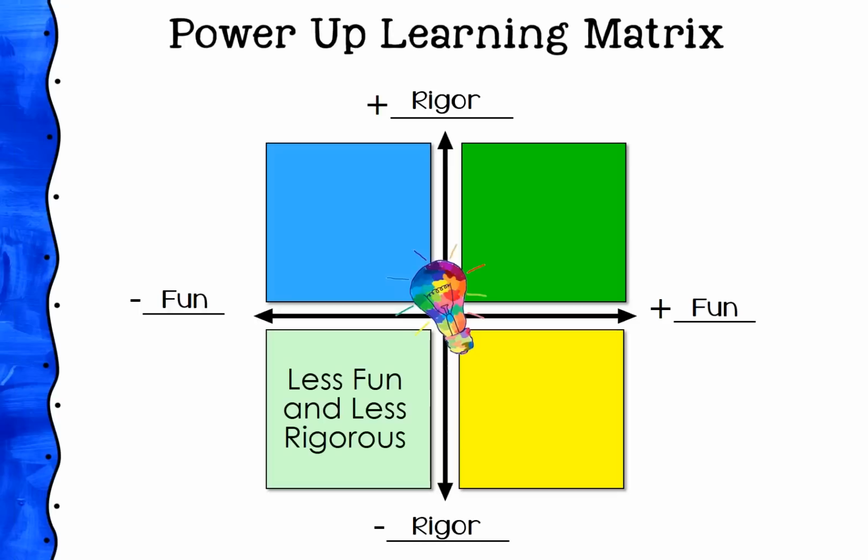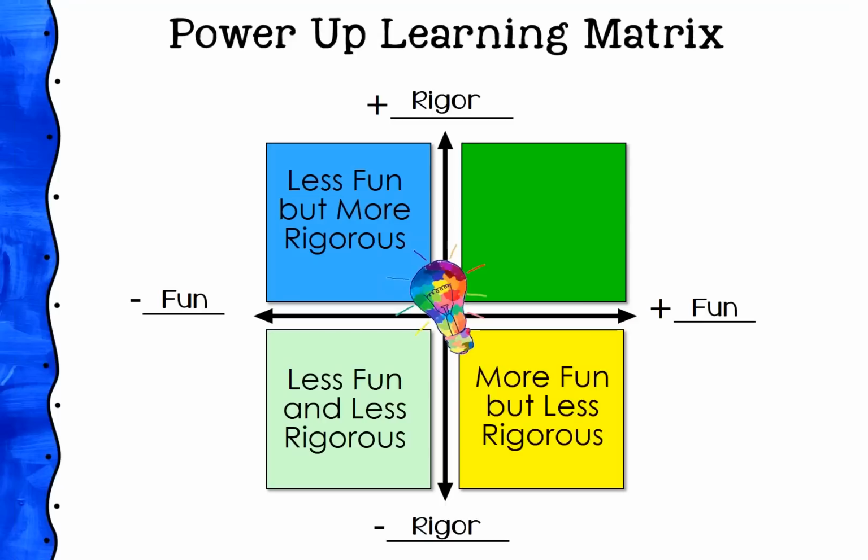In the lower left corner, if something's less fun and less rigorous, it's not really going to be that great of an activity. That would be like skill drill worksheets. Not fun, not very rigorous. Now, something might not be very fun, but maybe it's more rigorous. Maybe it's brain teasers, or test practice activities. They're not fun, but they are rigorous, and there's probably going to be some learning going on, but not the most.